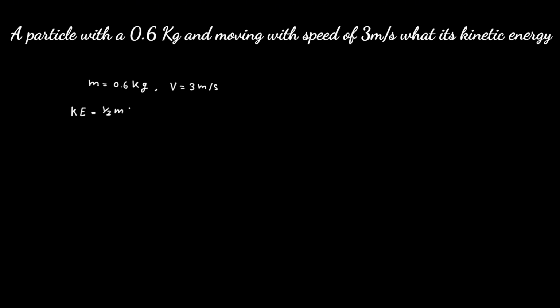So half of the mass, 0.6 kilograms, by the speed squared, 3 meters per second, and don't forget to square. This will give me the answer 5.4. Since it is energy, we will say joule.